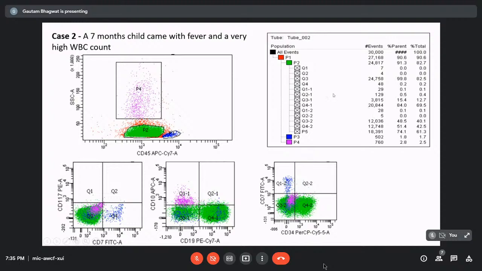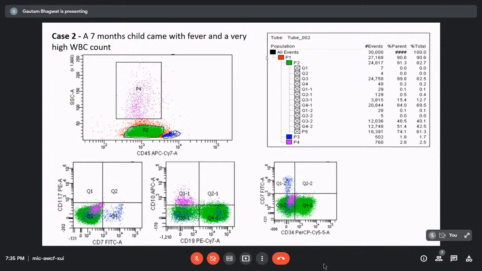But what I have put up here is this table, and what I get to know from here is that I have acquired 30,000 events. That is the total events, which also includes the doublets. Now, out of these 30,000, I removed the doublets and put a gate of singlets.